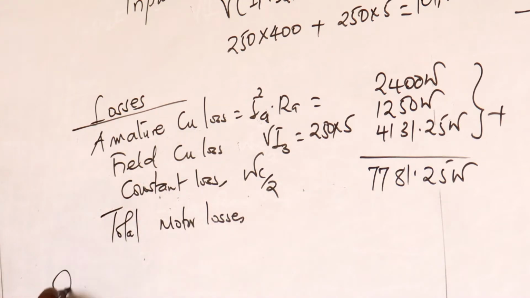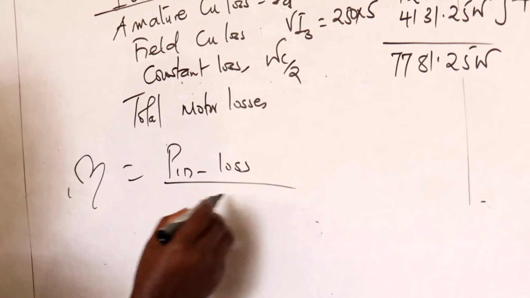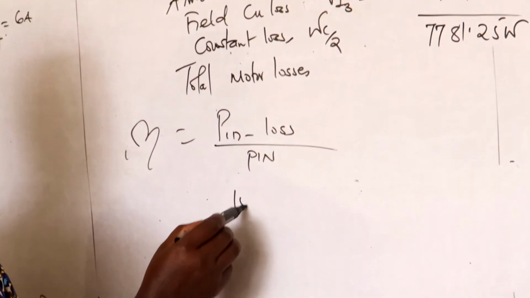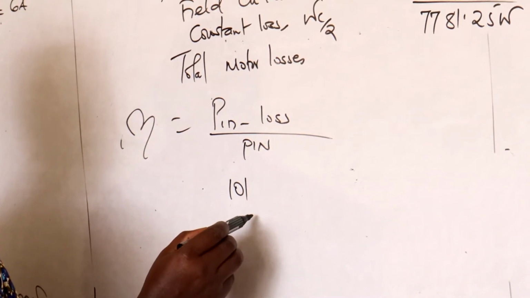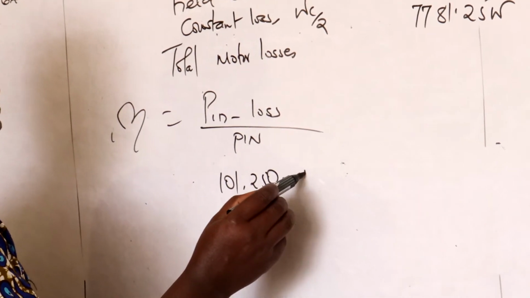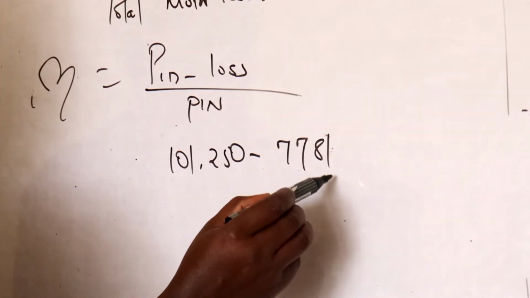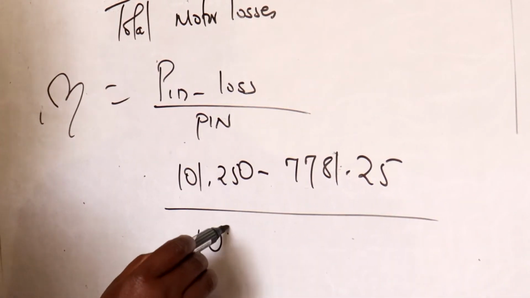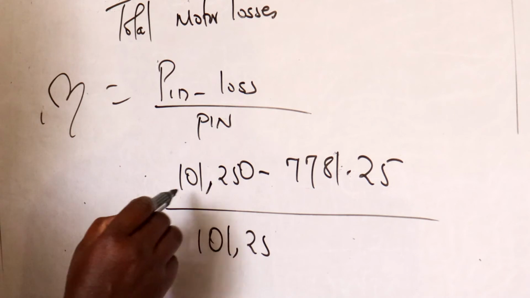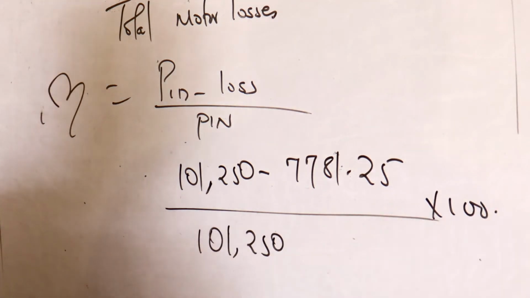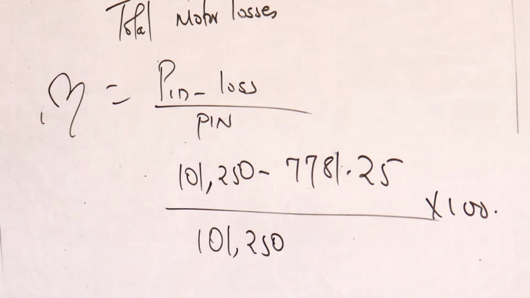So efficiency is Pin minus loss over Pin, which is 101,250 minus 7781.25, all over 101,250, times 100 as a motor.